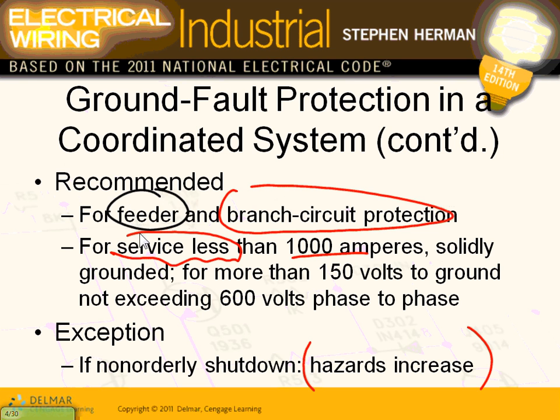You're basically going to blow up the building. So if you have a high-level industrial process with chemicals and so forth, you're excused from having ground fault protection. Why? Because interrupting the service will create more hazard, more explosions, than burning a circuit breaker because of a ground fault. So that's just a little exception on that system.